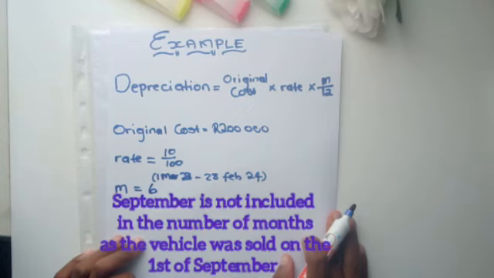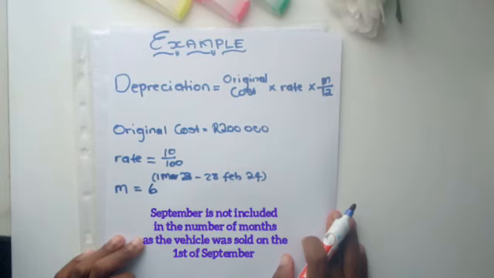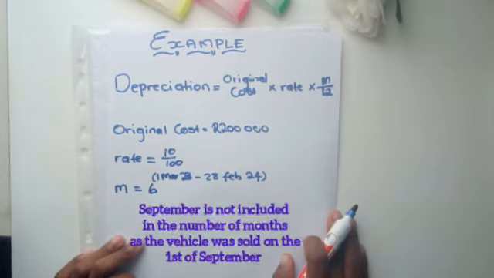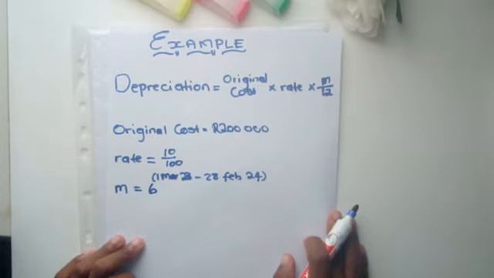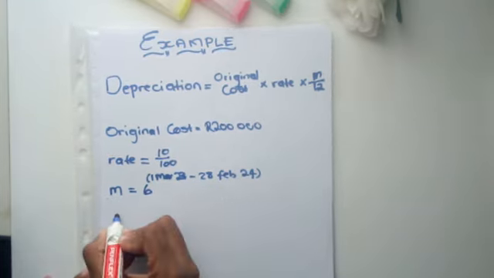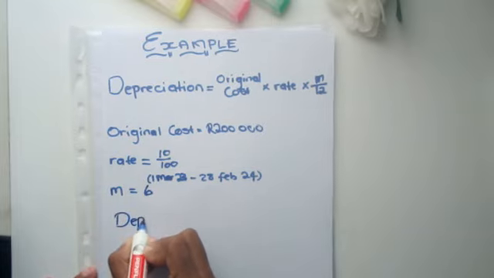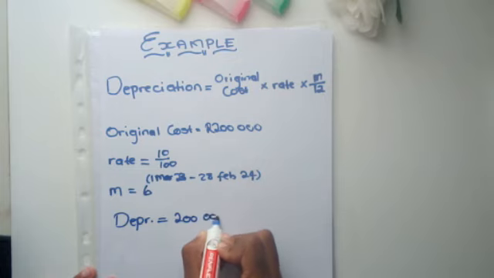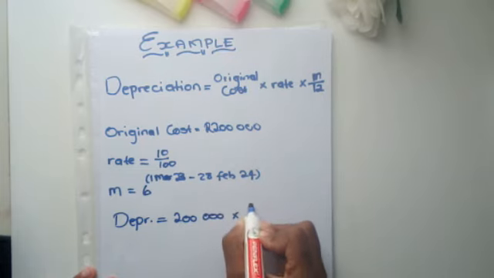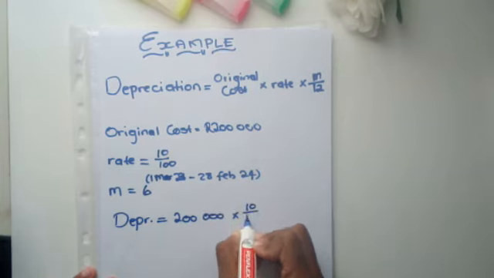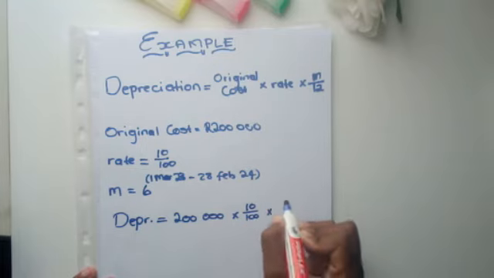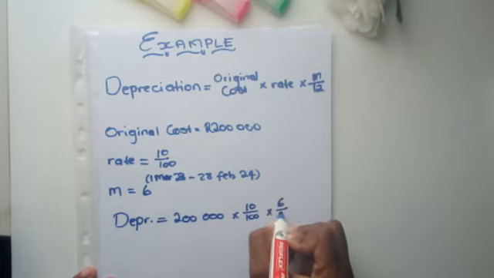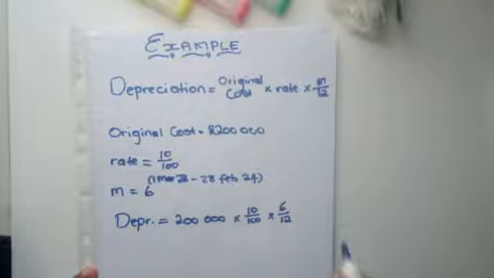Now that we have all of our parameters, we can go ahead and plug into our formula. $200,000 multiplied by 10 over 100 multiplied by 6 over 12.